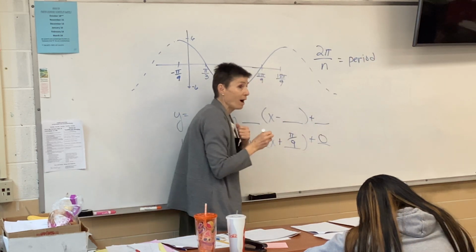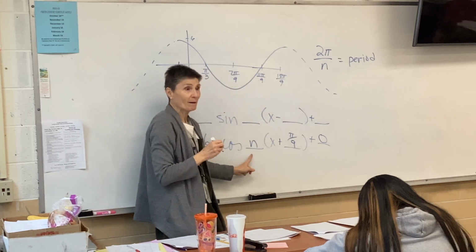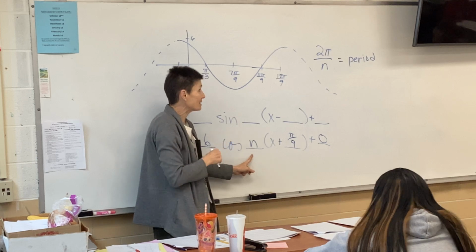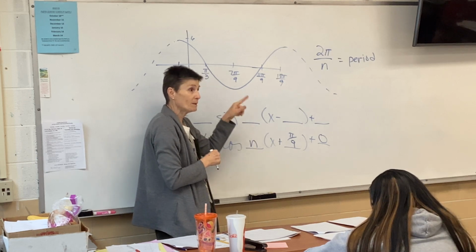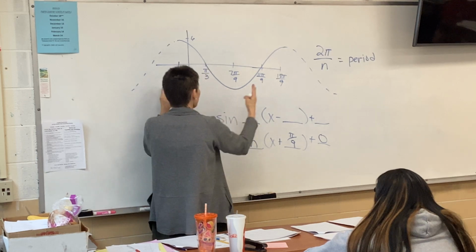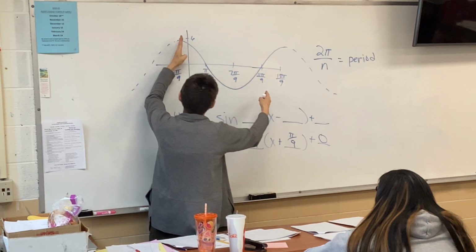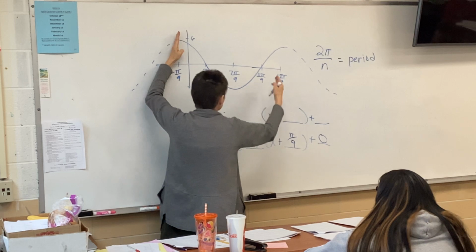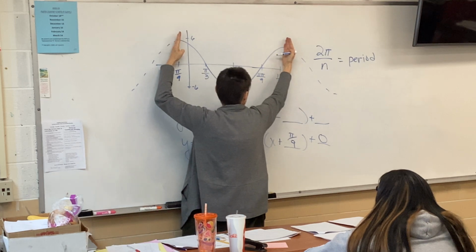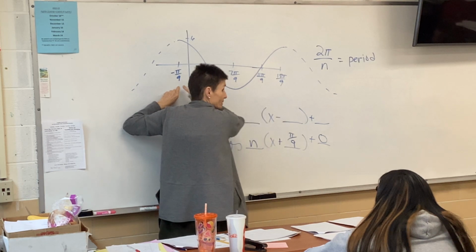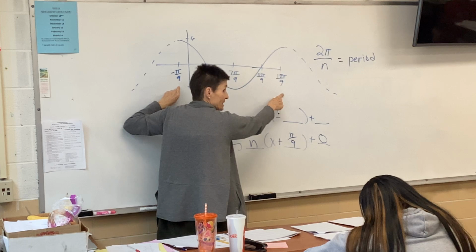So 2 pi divided by this number, this is a divider number, gives me my new period. Okay, well what is the period of this picture? How far is it from the top of the hill to the top of the next hill? 16 pi over 9.